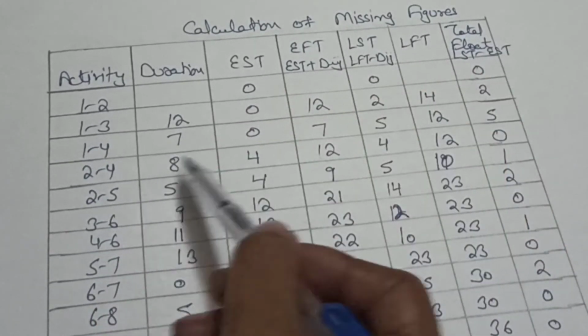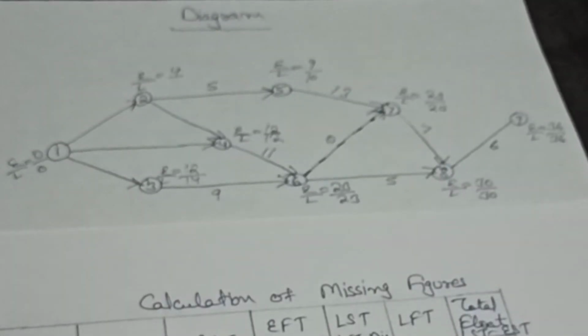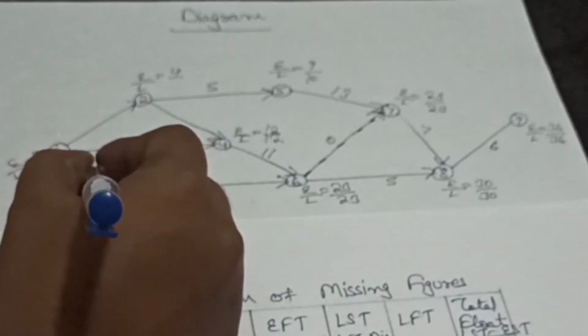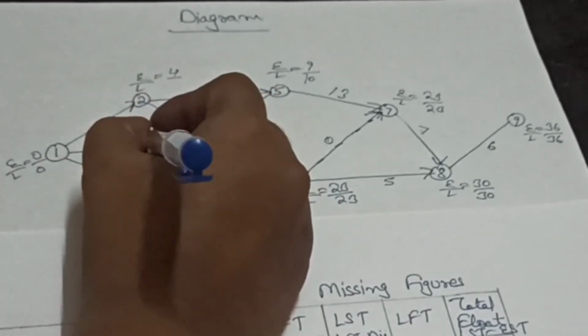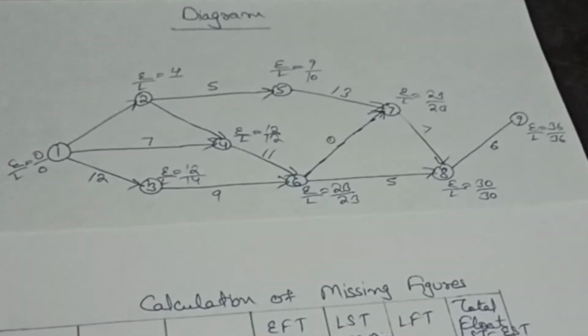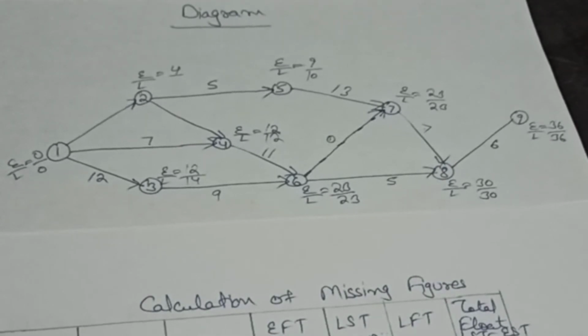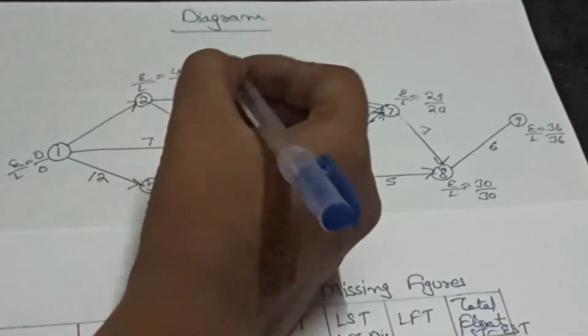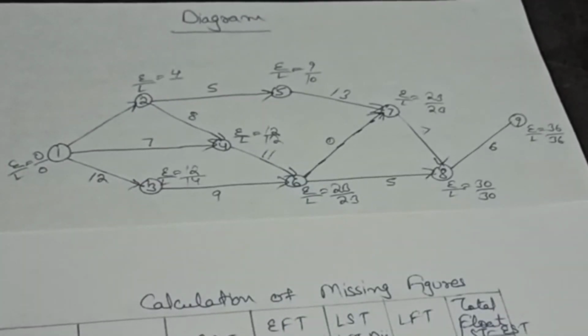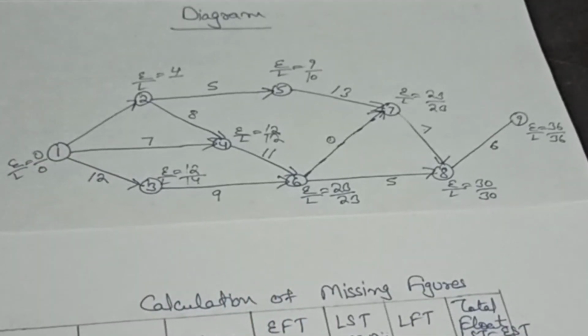So now we will write these values in this diagram. For 1 to 3, duration is 12. For 1 to 4, duration is 7. For 2 to 4, duration is 8. So now we will write these figures in this column: for 1 to 3, LFT is 14.